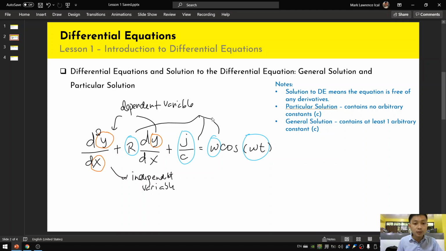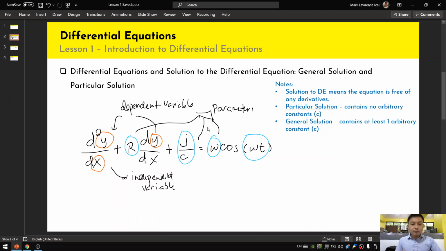Okay, so this is what we call parameters. So we have the dependent variable, we have the independent variable, and we have the parameters. Okay. So these are the parts of the differential equation.